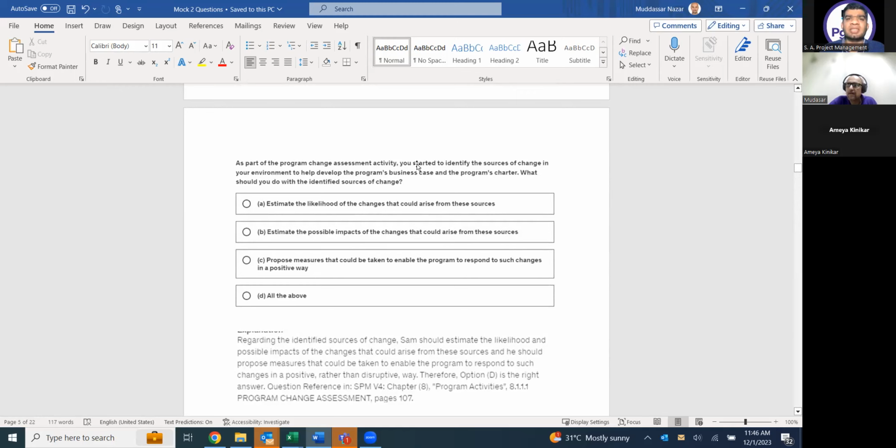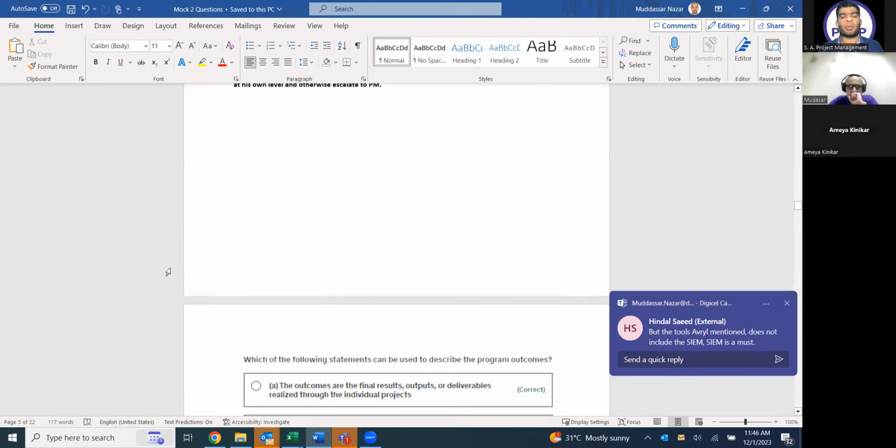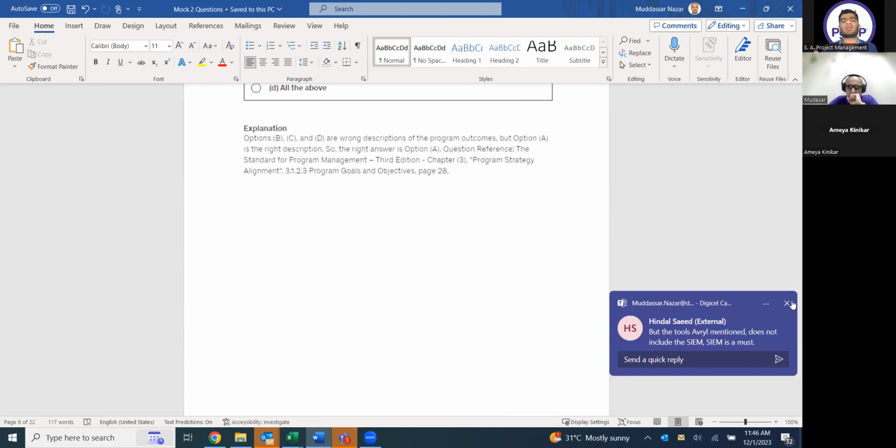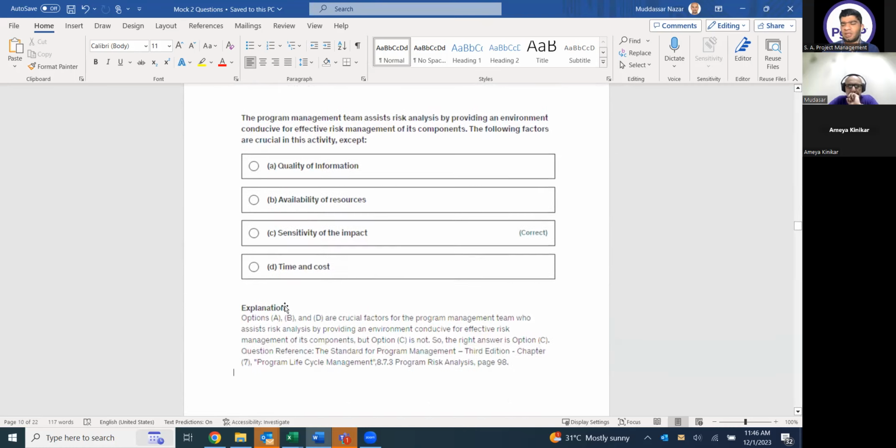That word is wrong. Sensitivity means how sensitive it is. It is actually the probability and the impact of that change. Risk is probability into impact. So we have nothing to do with the sensitivity of the impact. This is an ambiguous question, but sensitivity is the wrong word here.